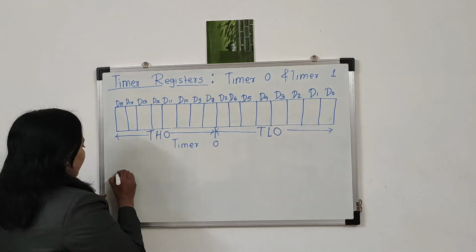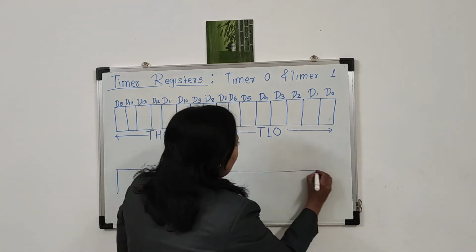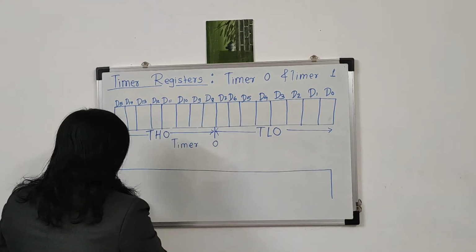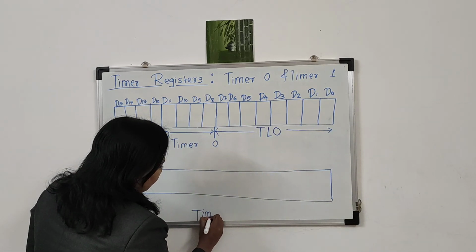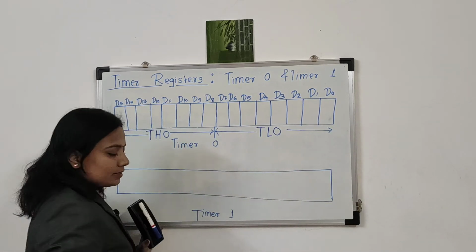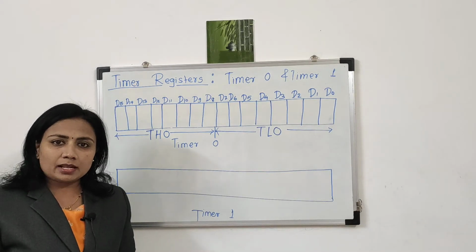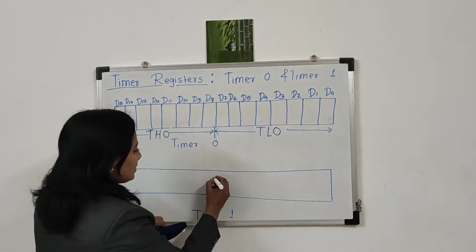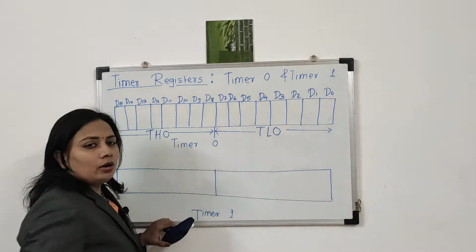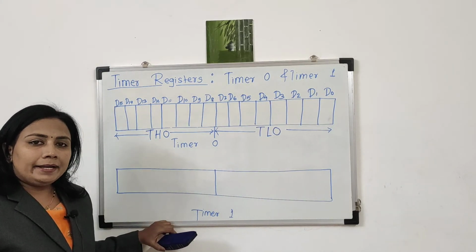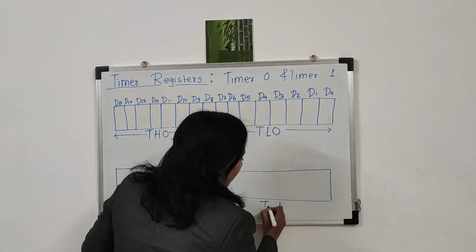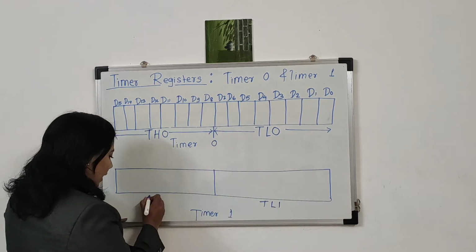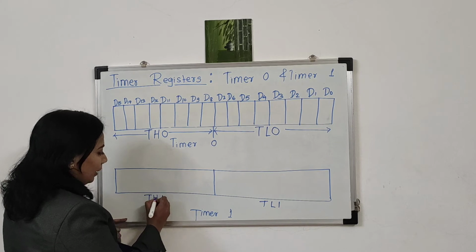Same thing we will have for the timer 1 register. So this is the timer 1 register, which is again a 16-bit register, and it is divided into 2 bytes, timer 1 low byte and timer 1 high byte.